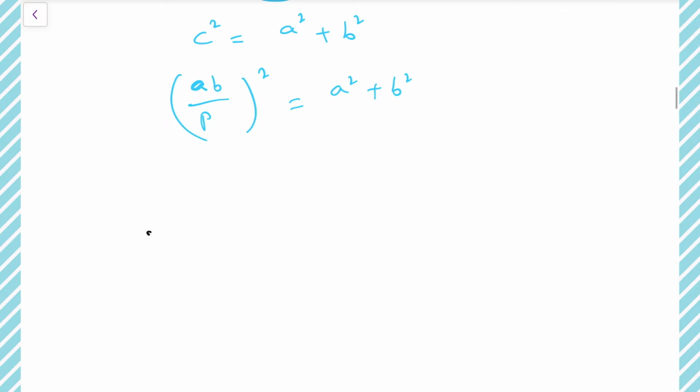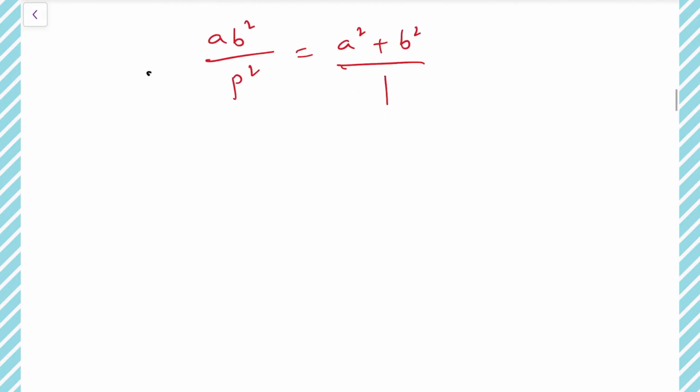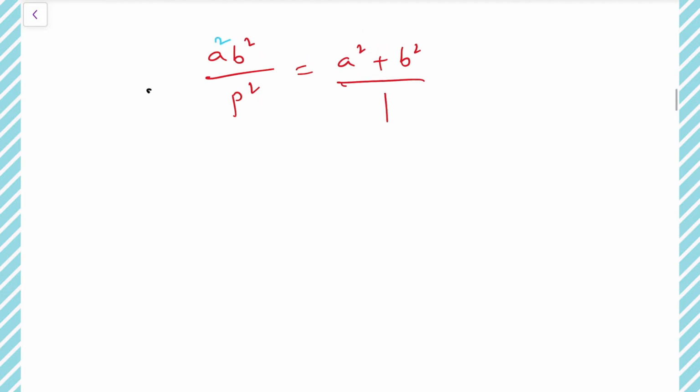Now here ab by p whole square is nothing but square is applicable for the numerator as well as for the denominator. So if we simplify this further, a square b square by p square is equal to a square plus b square. This can also be written as over 1. Doing cross multiplication, a square b square into 1 is equal to a square plus b square into p square.